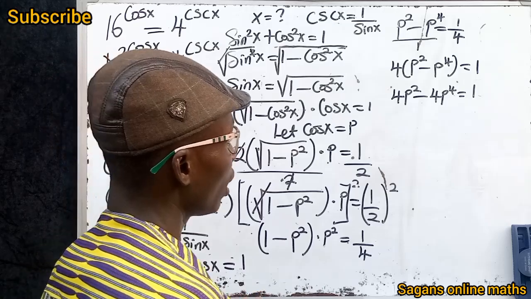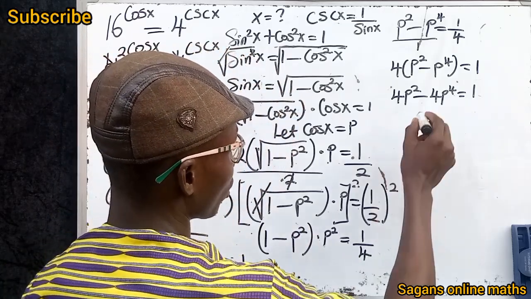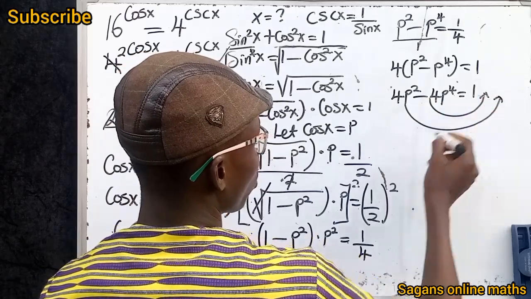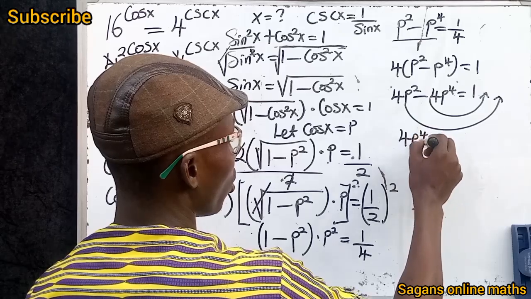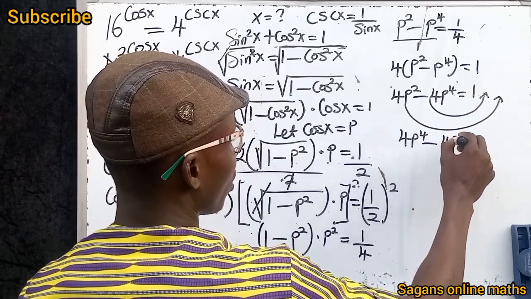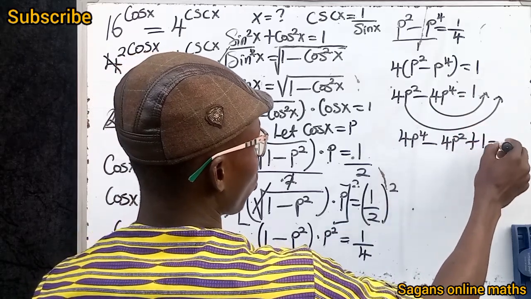Now I want to transfer what is on our left hand side to our right hand side. If I transfer this here, I'm going to have positive 4p raised to the power of 4. If I transfer this here, I'm going to have negative 4p square. Plus 1 was there already, equals to 0.